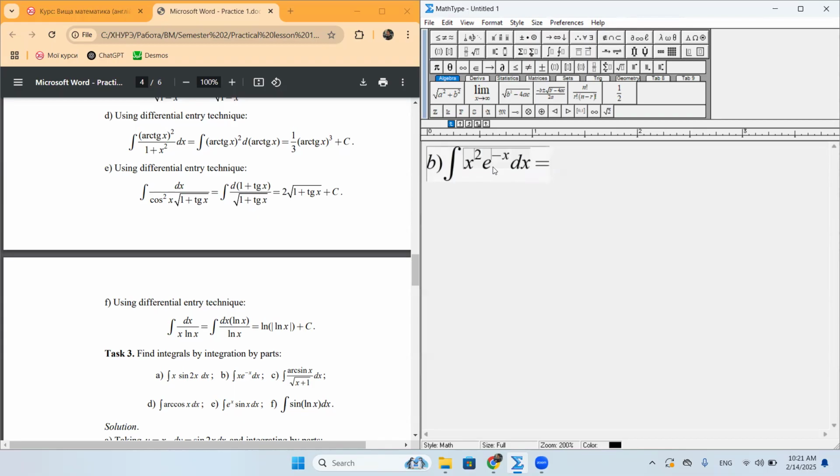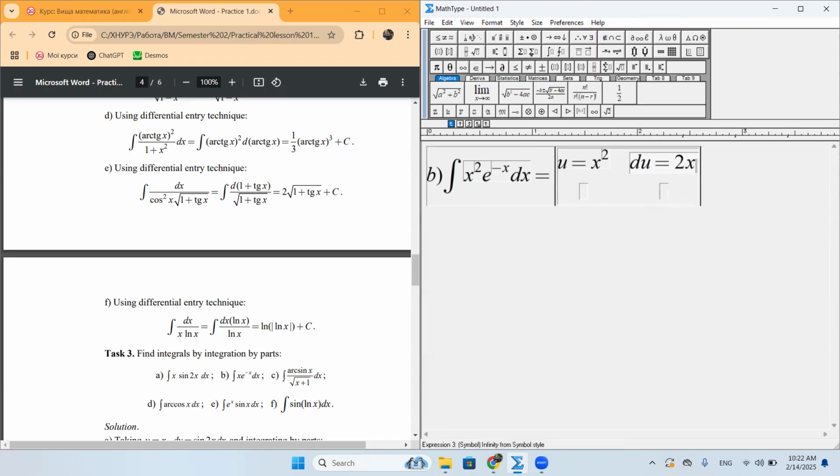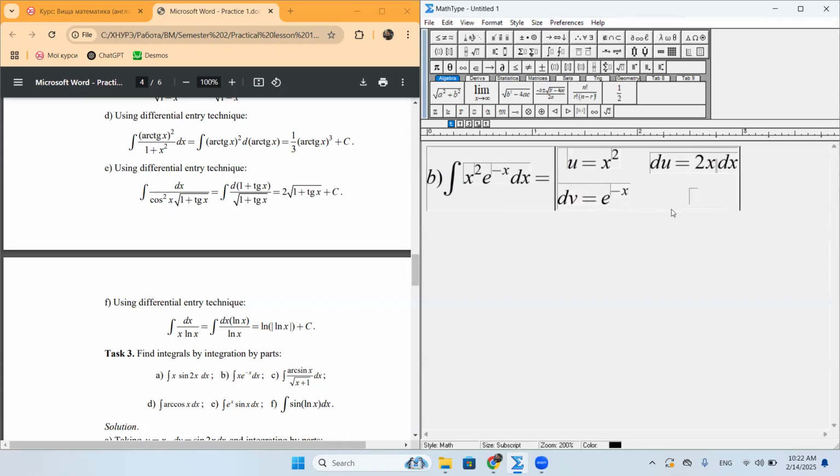In such a case, we will have to use integration by parts twice. It's like a spoiler. So u equals x in power of 2 and du equals 2x dx. dv is e in power of minus x and v equals minus e in power of minus x.